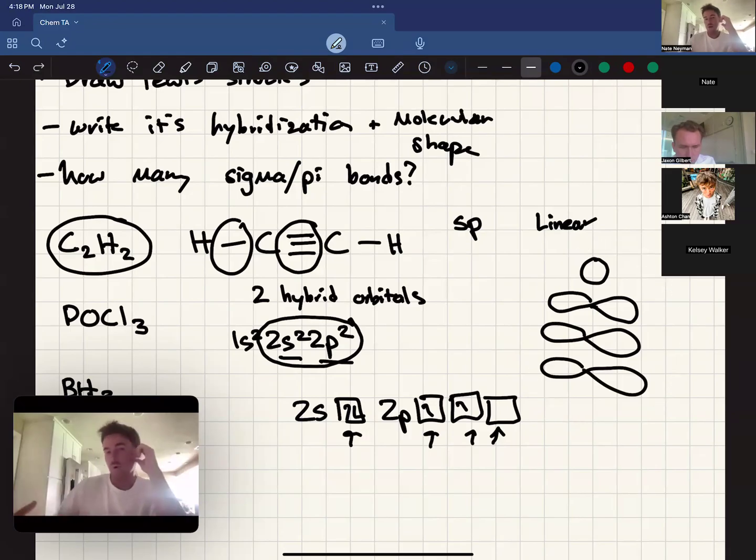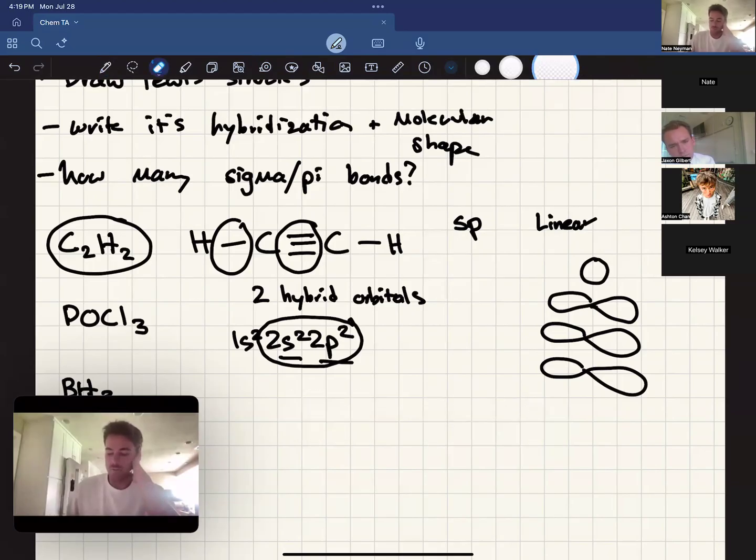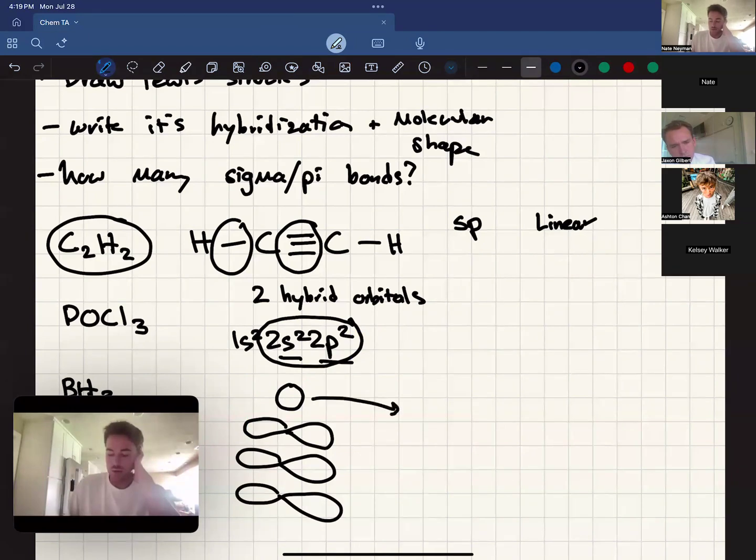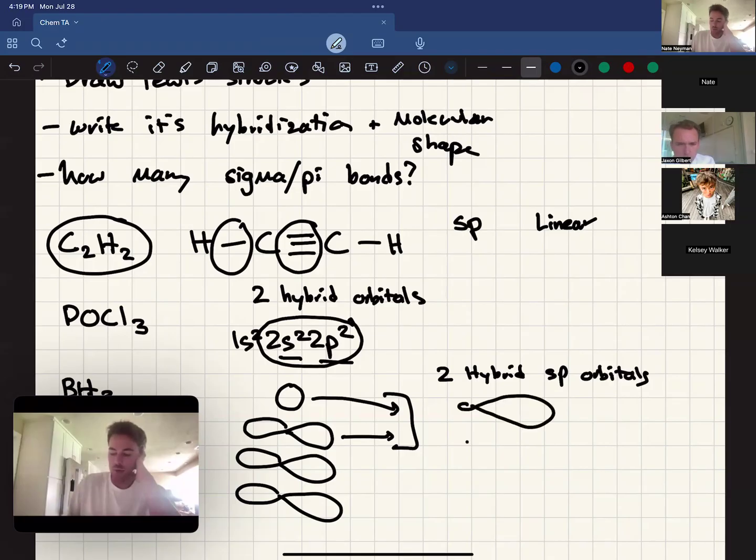In order to form a single bond, it has to hybridize these orbitals. It has to form hybrid orbitals. In this scenario, it's going to take its s orbital and one p orbital, and these two are going to combine to form two hybrid sp orbitals. They're like these weird looking balloon orbitals.